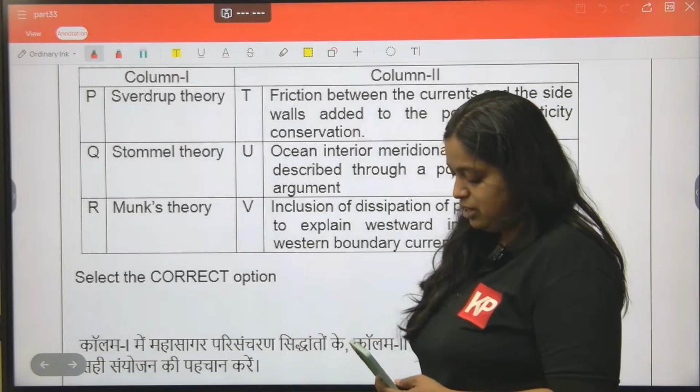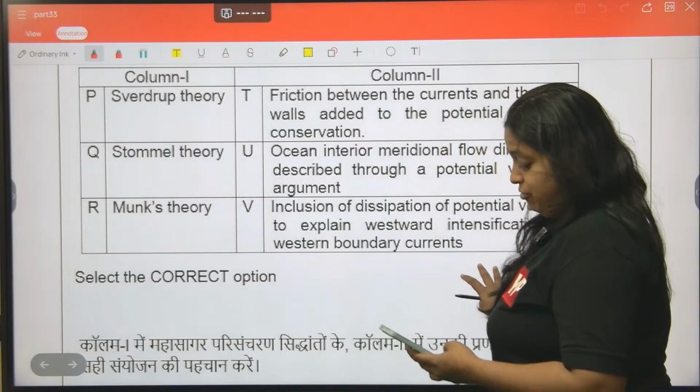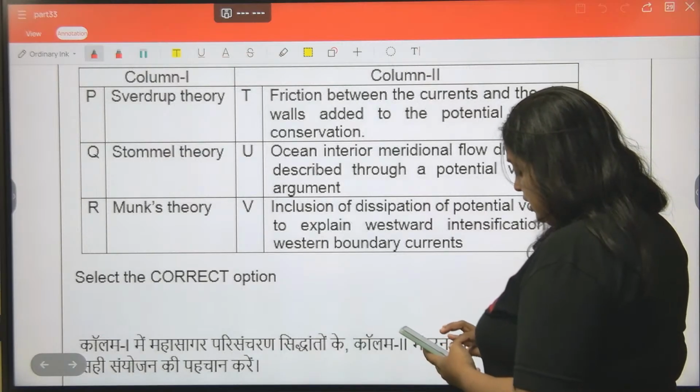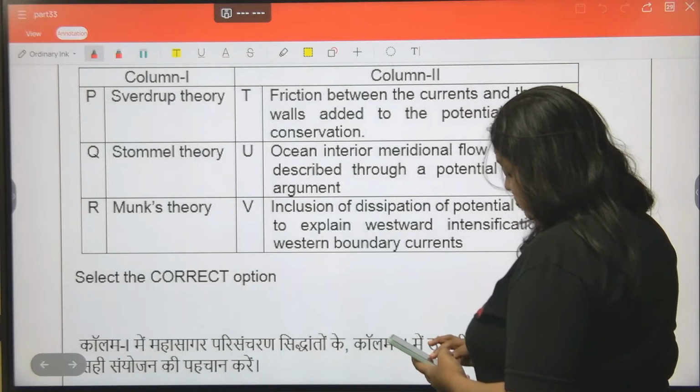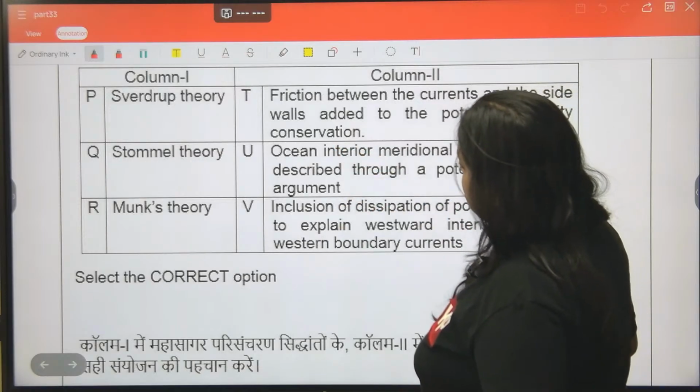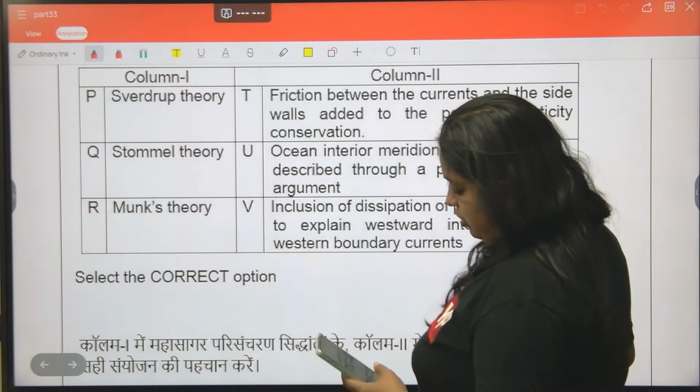So let's read the options and find out the answer. The first one is the Sverdrup theory, then the Stommel theory and Munk's theory.